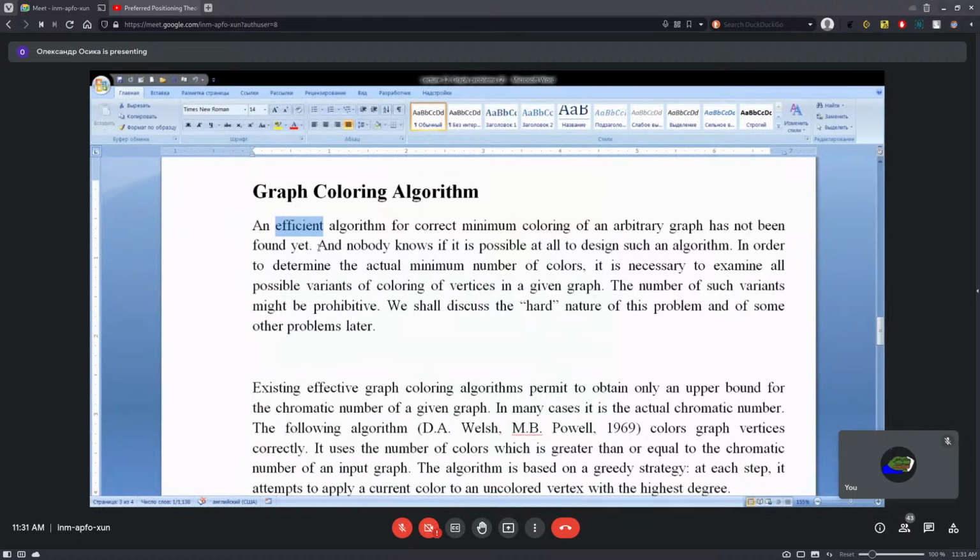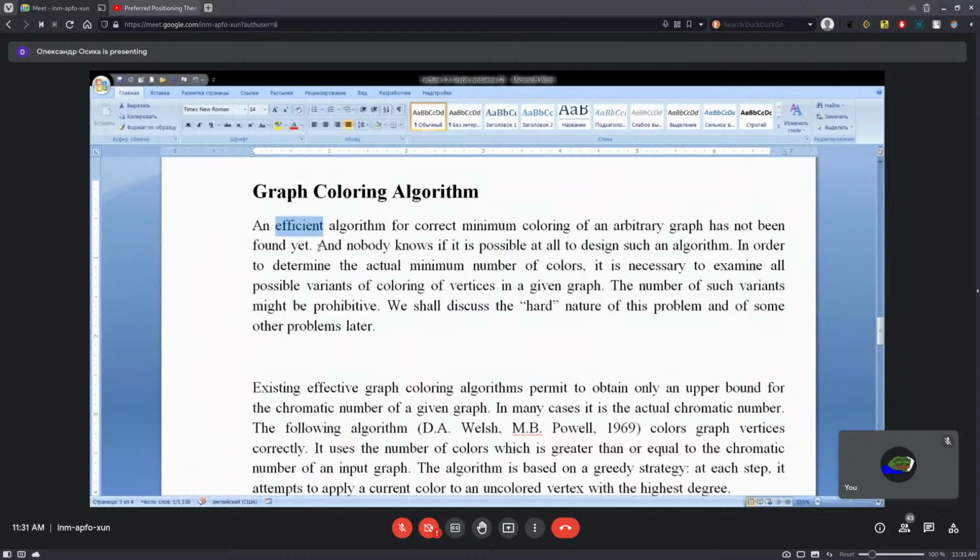Nobody knows if it is possible to design such an algorithm, but it was proven that, by the way, there are about 2,500 or 3,000 problems of this type. No efficient algorithm has been found yet, and nothing was proven that it is impossible.